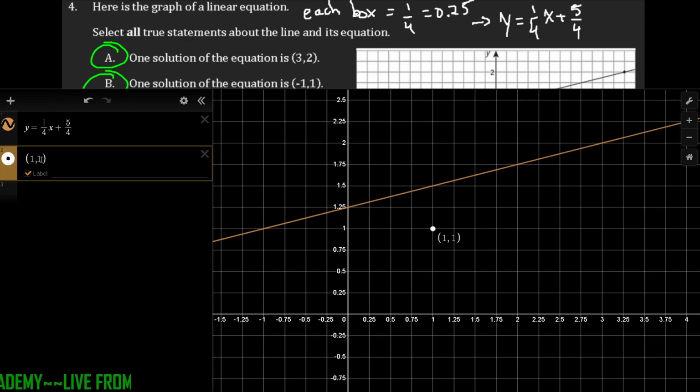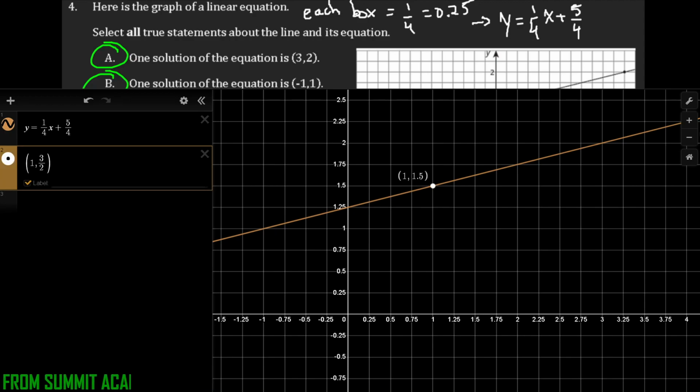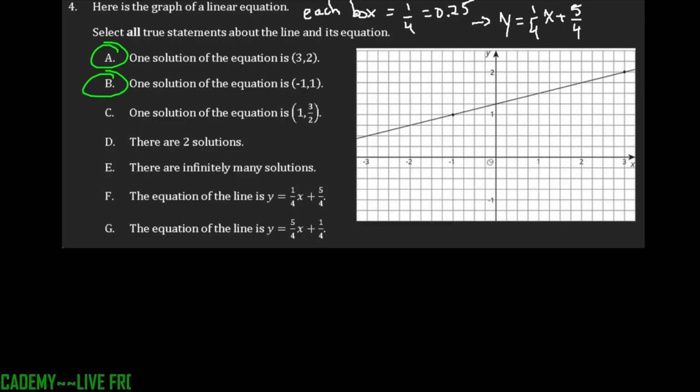We said 1 and 3/2. Notice how it changes that fraction to a decimal, still the same point, still the same value, so we're going to include that one as well. Make sure you include C in that choice. Let me highlight that so that we can type it in or show our work. So that one's good.